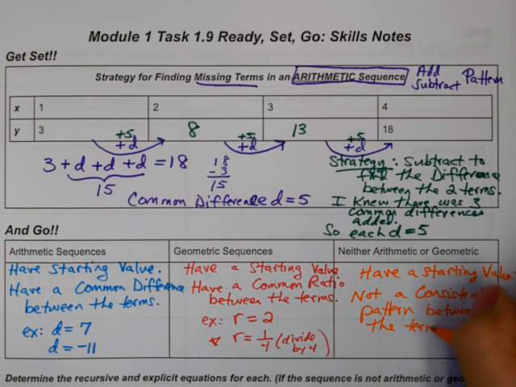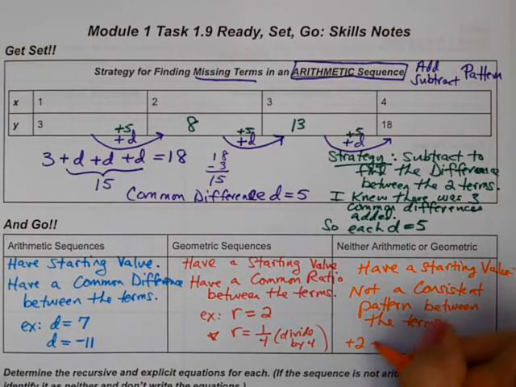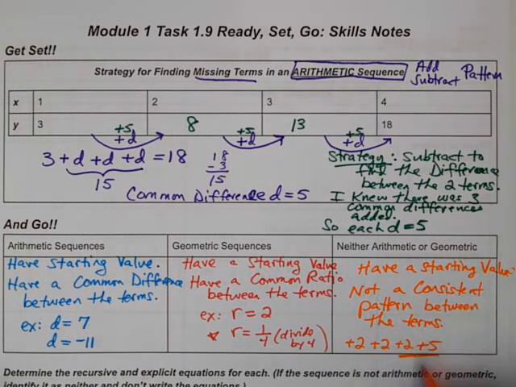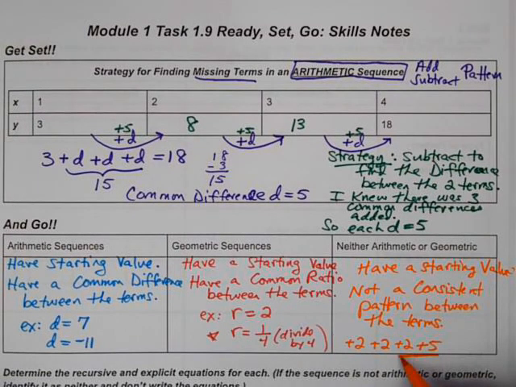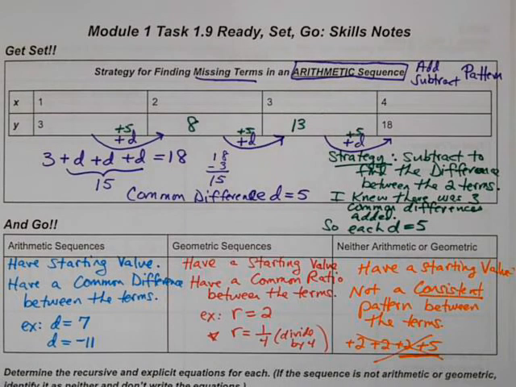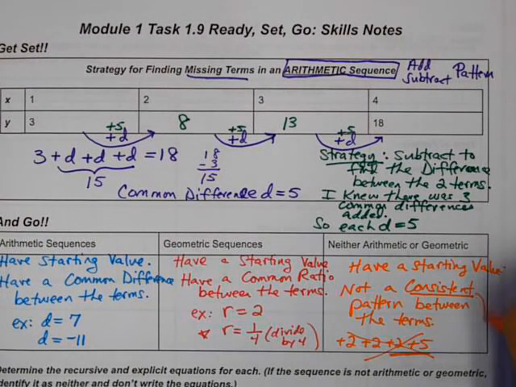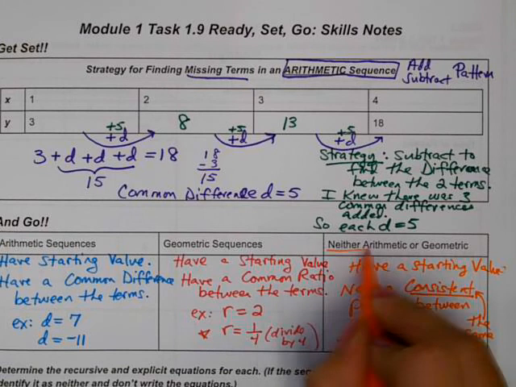So maybe it's add 2, add 2, add 2, but then it's suddenly add 5. That's not arithmetic. And if it was times 2, times 2, times 2, and then times 5, that is not a consistent pattern. Consistent pattern means the same. Every term gets the same. So if that happens, then you would pick neither.